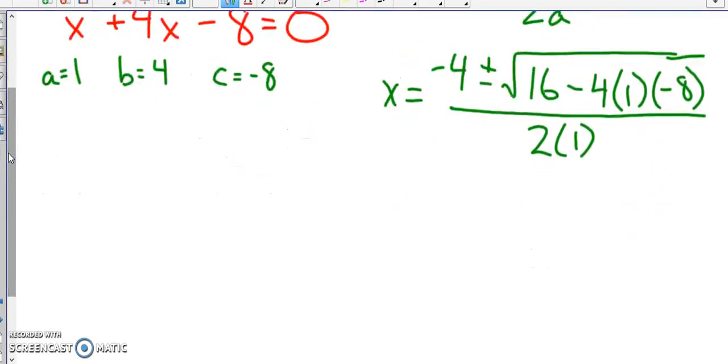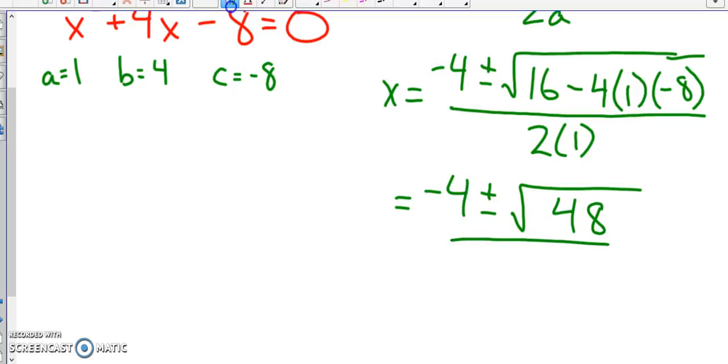So, if we start simplifying this, this is negative 4 plus or minus the square root. Now observe that this minus sign here and this minus sign here are going to change that into a plus. And 4 times 8 is 32. 16 plus 32 is 48. All divided by 2. And we have to simplify the square root of 48.